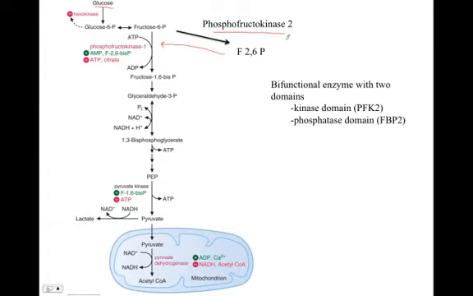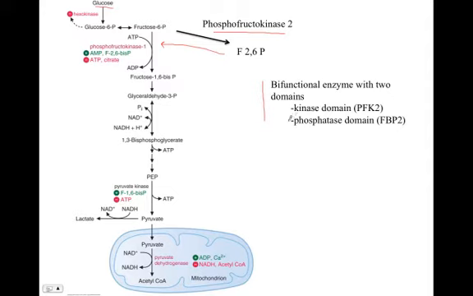The enzyme phosphofructokinase 2 itself is a bifunctional enzyme with two domains. It has a kinase domain, as we've just seen, that can phosphorylate fructose 6-phosphate to the 2,6-bisphosphate. When the kinase domain is active, the enzyme is referred to as phosphofructokinase 2, or PFK2.